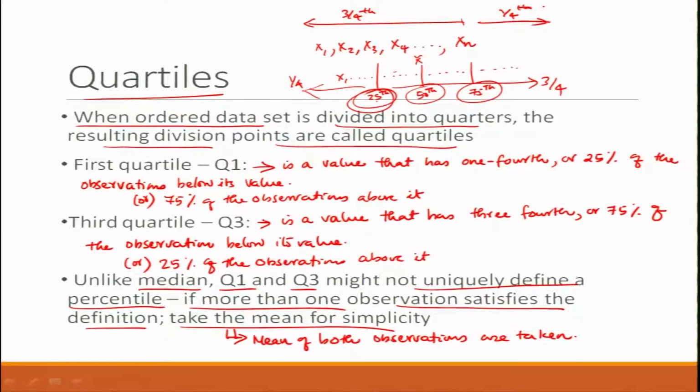The 25th percentile means 25% of the observations are at or below this value, or 75 percentages above. So, this is the 100 p percentage, and this is the 100 times 1 minus p percentage. Similarly, in the case of the 75th percentile, here is the 3/4 and the 1/4.